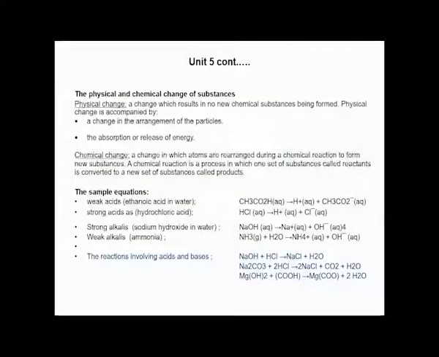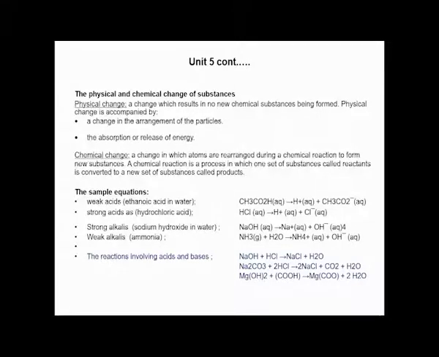We continue with Unit 5, with physical and chemical changes of substances. What are chemical and physical changes of substances? Physical changes are changes which result in no new chemical substances being formed. A physical change is accompanied by a change in the arrangement of particles, and the absorption or release of energy.